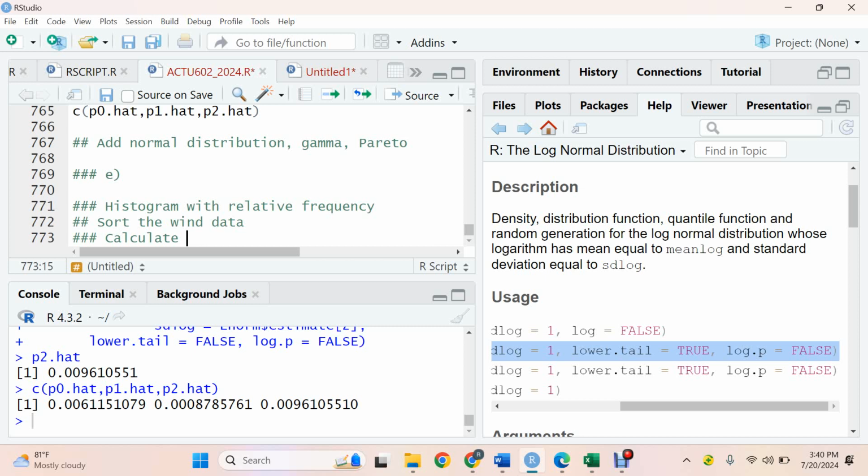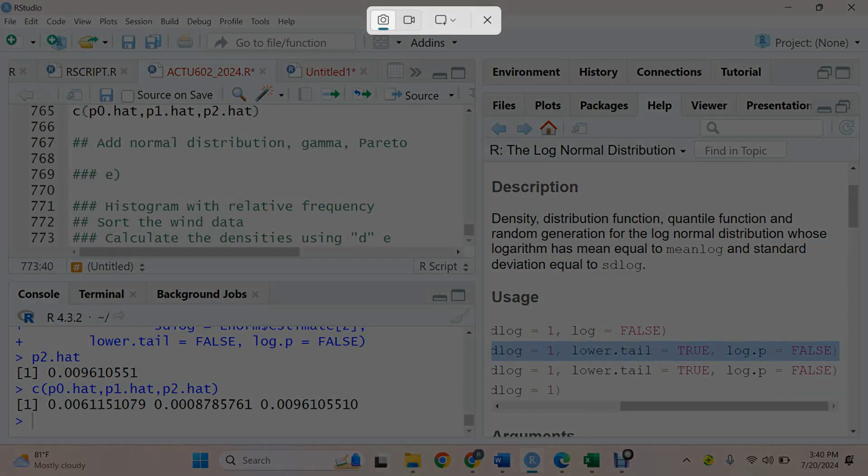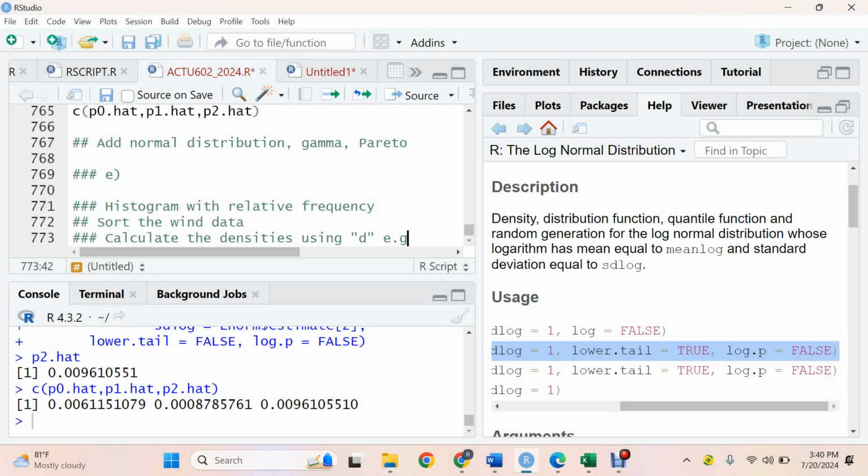So you calculate the densities using d. I'm putting d because you may have different examples. Example like dnorm, right?